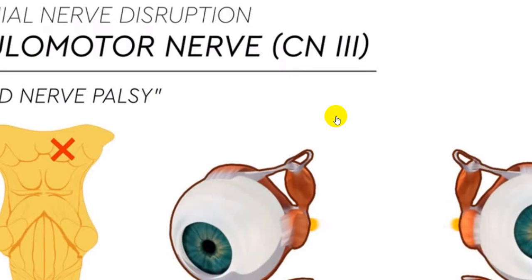Further, the eye is depressed because the action of superior oblique is no longer opposed by the elevation normally provided to the abducted eye by the superior rectus muscle. Because lateral rectus and superior oblique are the only remaining functional muscles, the eye is unable to move from this position.